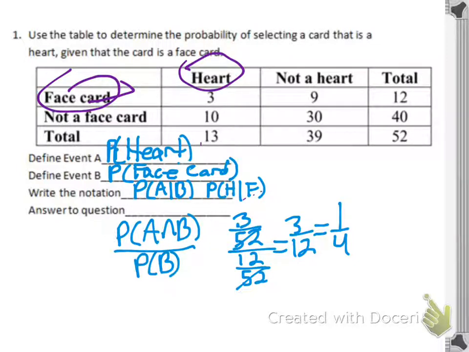Use our formula for conditional probability: probability of A intersect B over the probability of B. Probability of A intersect B is 3 over 52. The probability of just B, the face card, is 12 over 52. And then we put them over each other. We cancel out the 52s, and we get 3/12, which is 1/4.